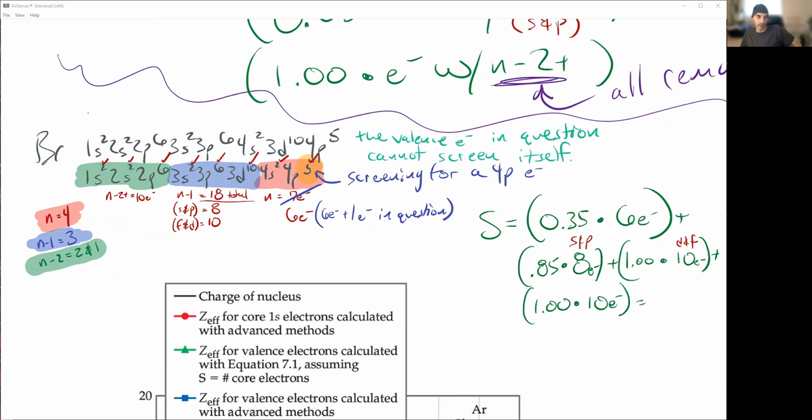And you do that calculation. When you do that calculation, you should end up with, not a Z effective, that's important, a shielding constant of 28.9.